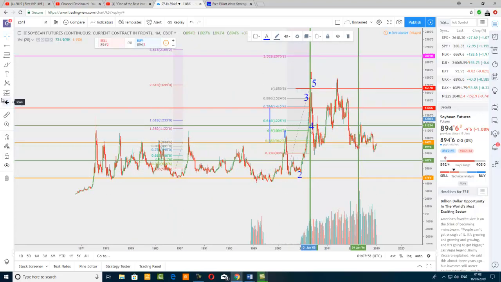Sometimes you will notice that two financial instruments that have a similar price structure, sometimes one can be ahead of the other. If that is the case, we can use that discrepancy to forecast the price action of the one that is latent, the one that is behind.